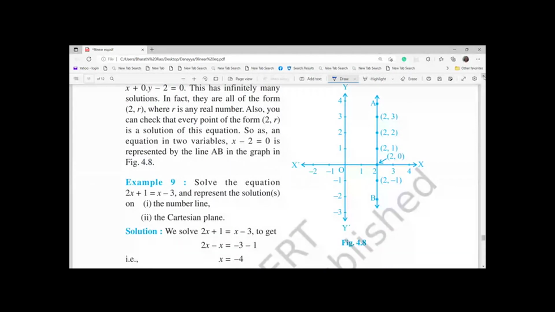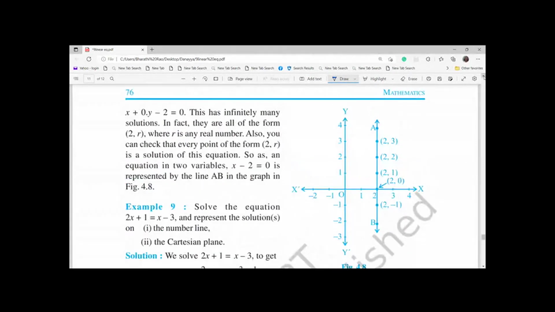Now look at this graph. This graph is for this equation, 2x plus 1 equal to x minus 3. So what is the value of x here? 2x minus x equal to minus 3 minus 1.